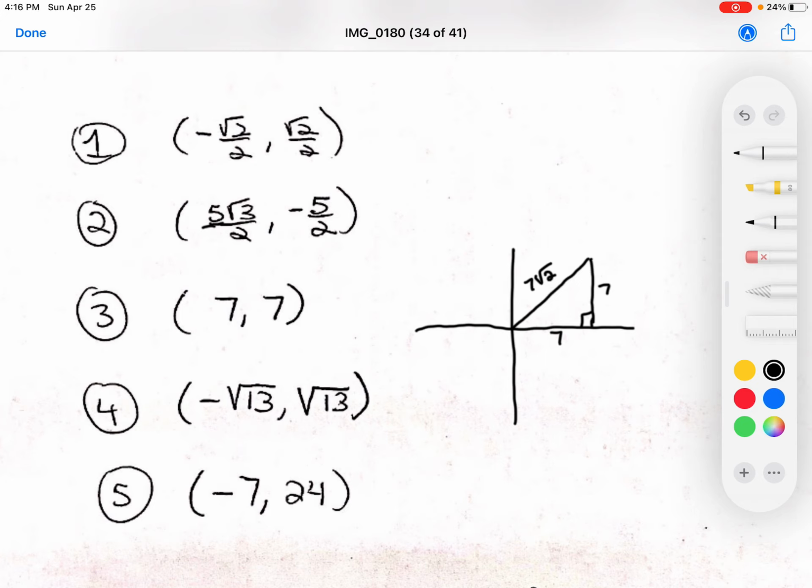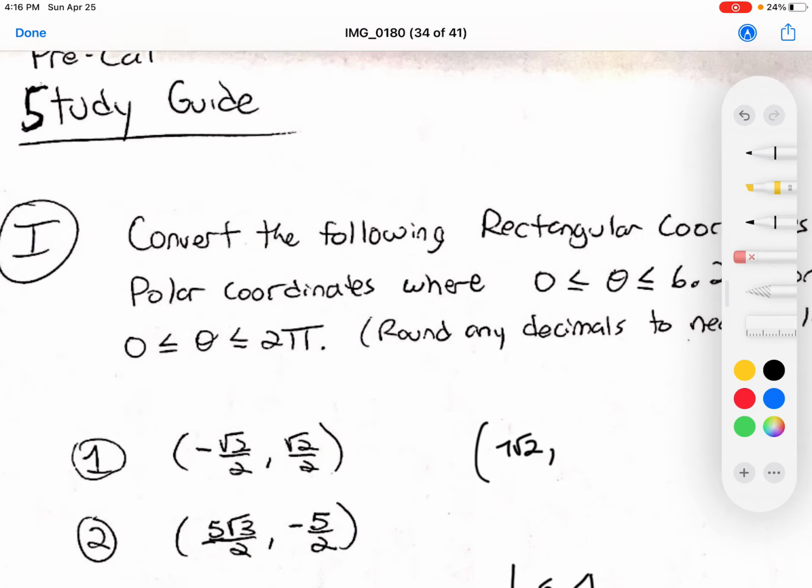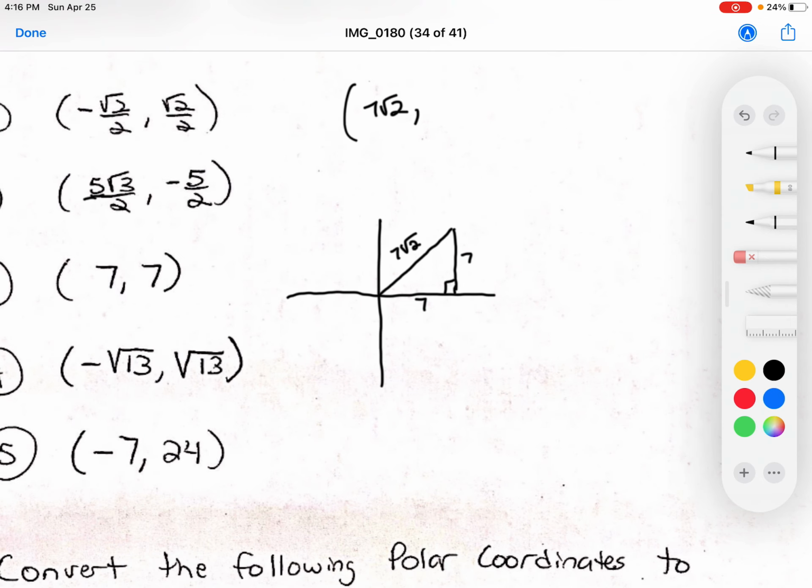So my radius on number 3 is 7 root 2. Okay. So now we just need to figure out the radian. It's right in the middle of your first quadrant. That's pi over 4.